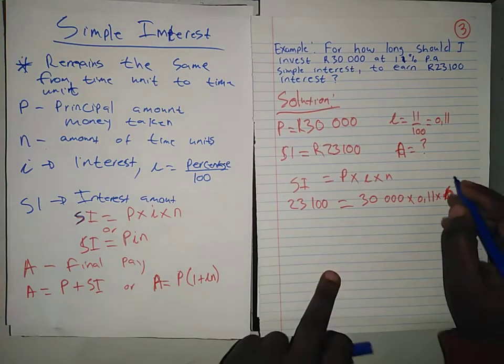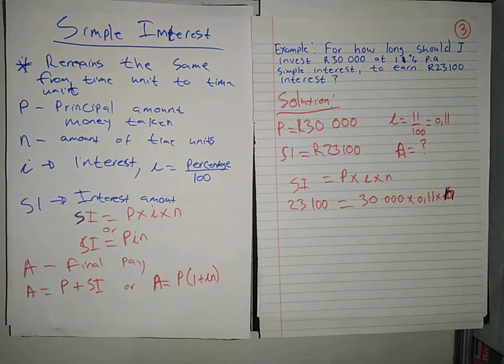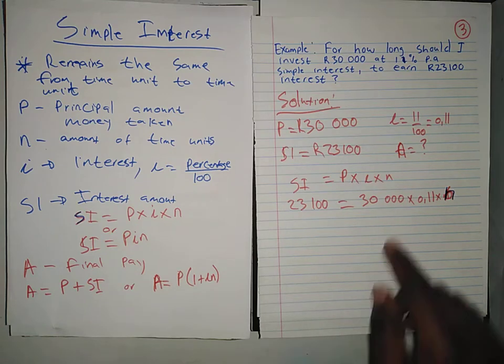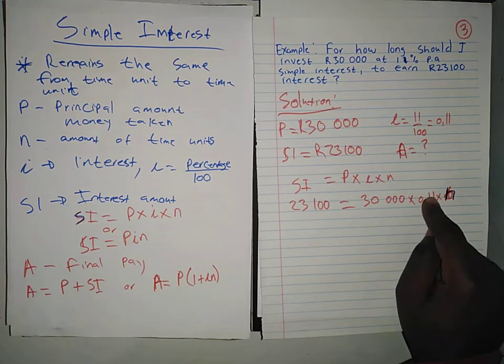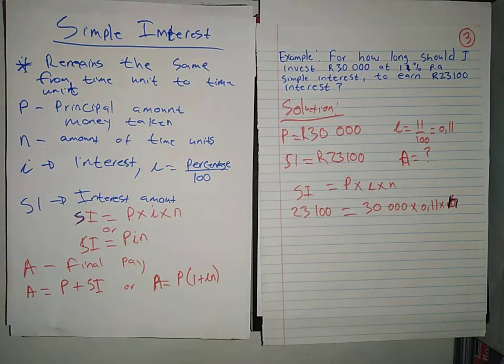Can you see I've got everything except N. Let me write it with a different color so that it can be bright. So this is my N. Obviously you can use any algebraic law. Some people multiply this thing first and then divide.